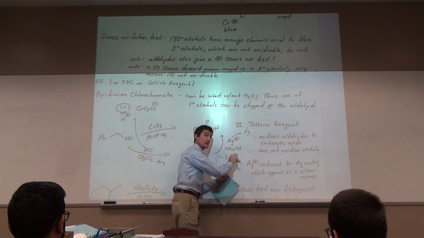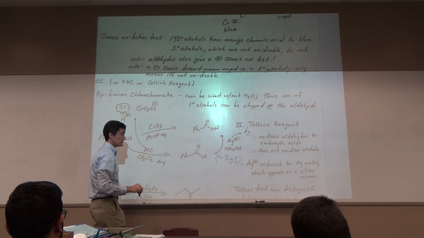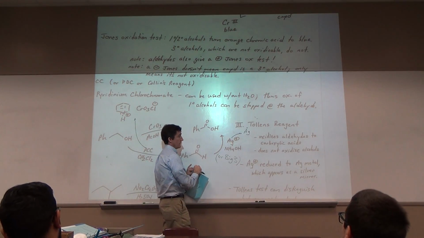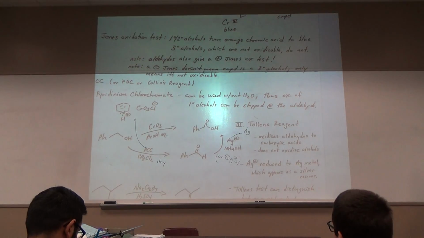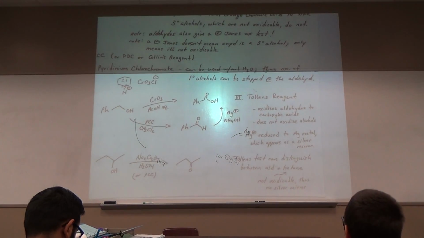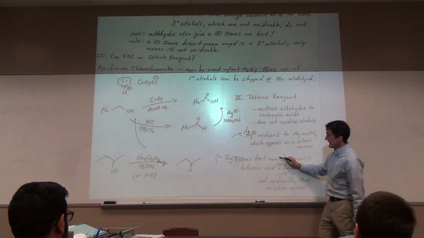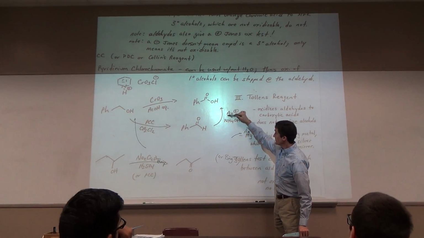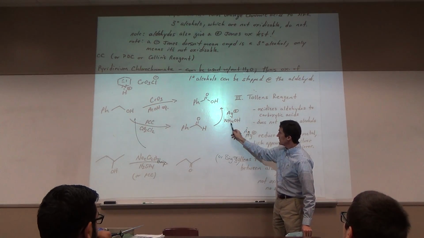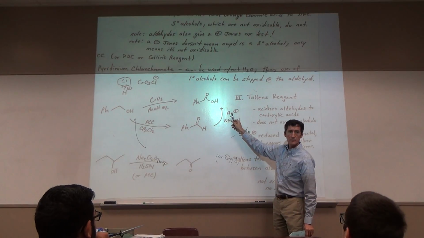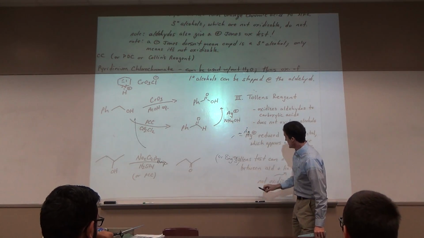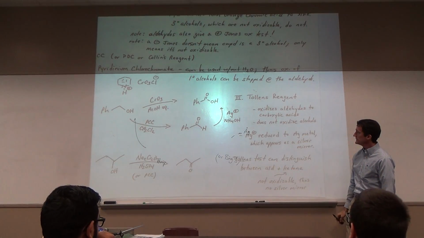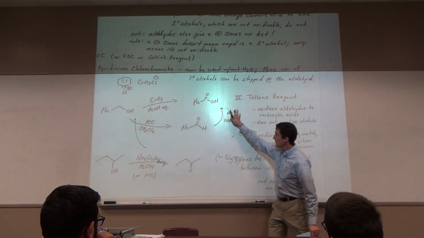But we actually have another chemical test. And that's called the Tollens test. The Tollens test is where you use silver. By the way, ammonium hydroxide is used to help solubilize the silver ion. The Tollens test is a test for aldehydes. This only works with aldehydes.